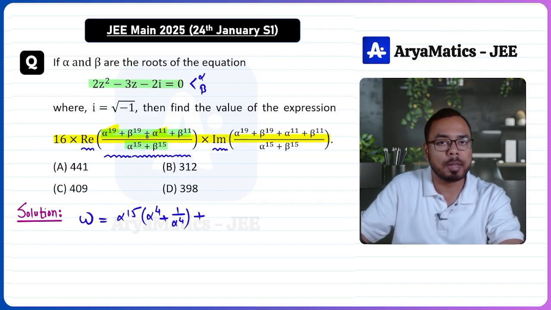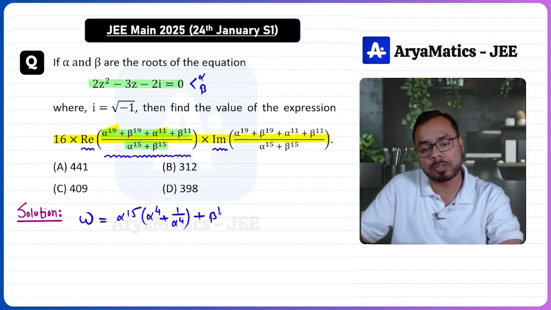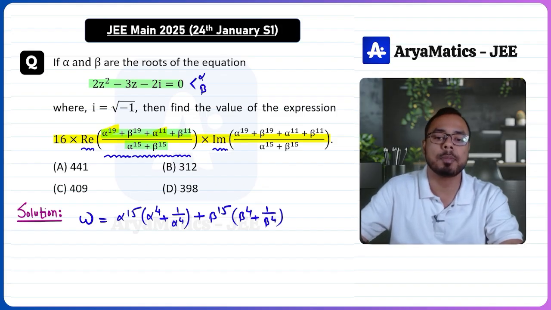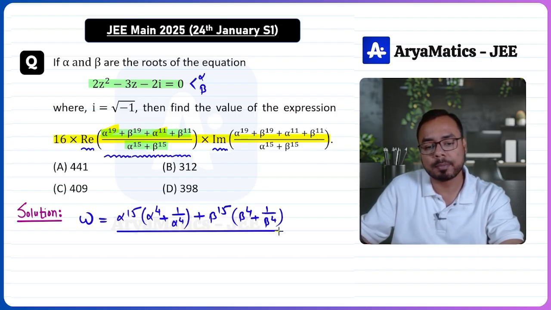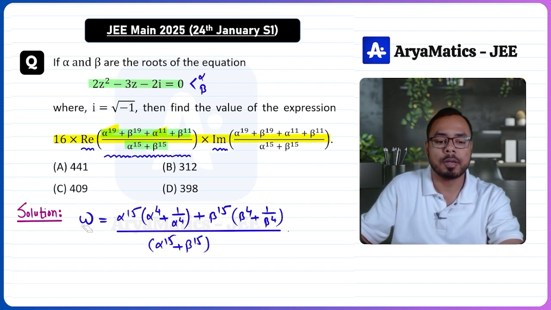Similarly, from the remaining two terms, you can take beta raised to 15 common, and that means you have beta raised to 4 plus 1 by beta raised to 4. This will be the numerator of omega, divided by alpha raised to 15 plus beta raised to 15 in the denominator.